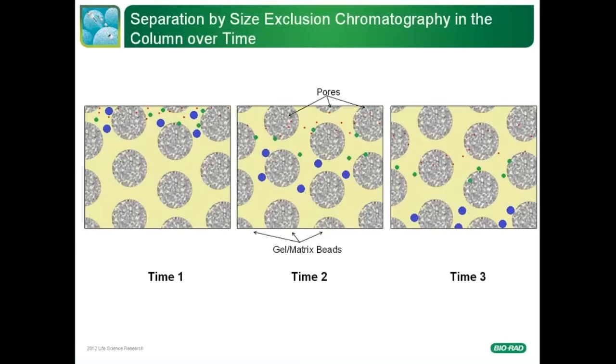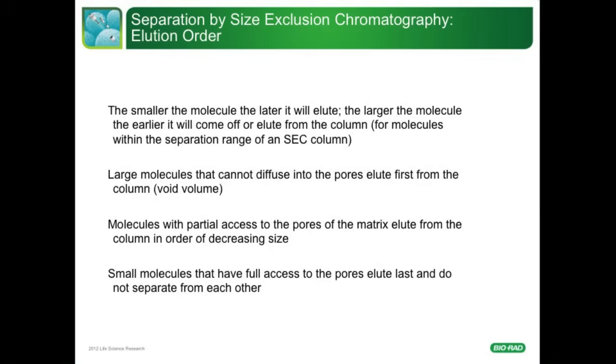The picture on the right shows that the three different sized biomolecules have been separated from each other. The blues have moved furthest down the column, moving through the quickest, then behind them are the green biomolecules, and the smallest biomolecules take much longer to go through the column. It's a good representation of the separation of the different sizes of biomolecules.